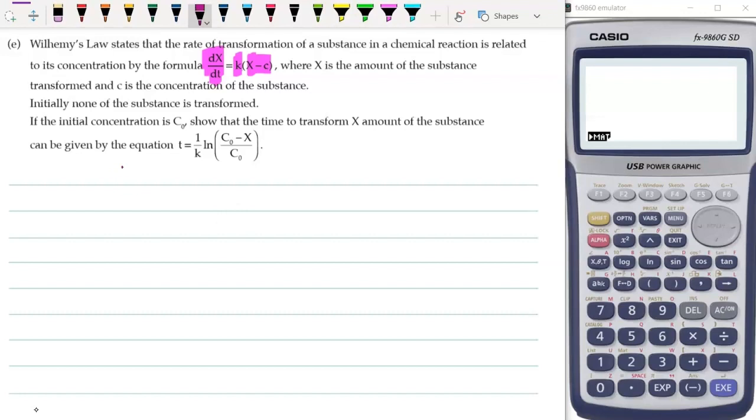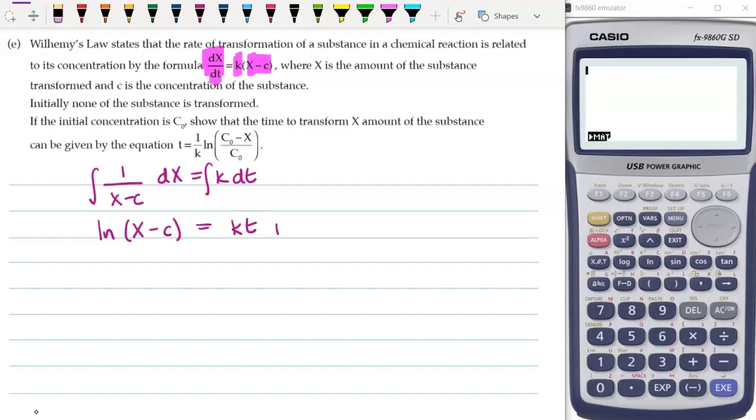So 1 over x minus c dx is equal to k dt, and then we integrate both sides. Integrating the left, we get the natural log of x minus c. Integrating the right, we get kt plus a constant, which I will call large C. The little c is being used to give us the concentration of the substance, so we just need to make sure that we are not mixing up our c's.